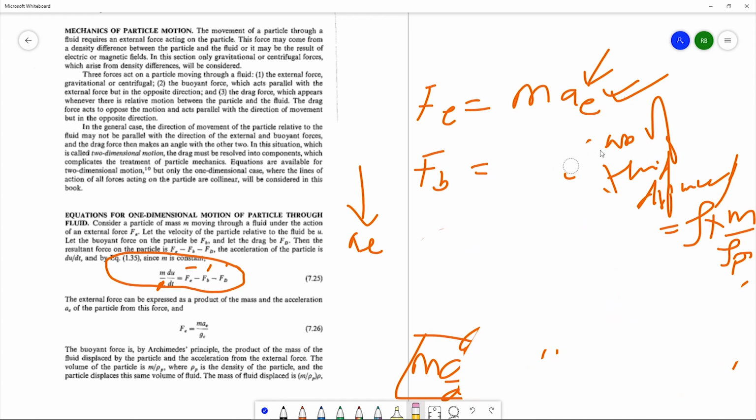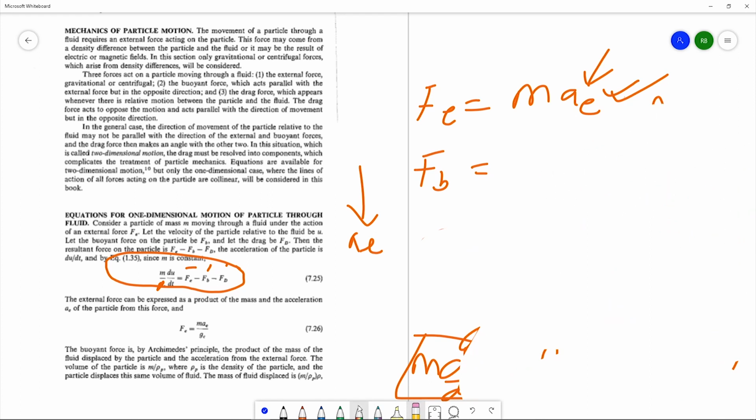So you just calculated the mass of the fluid displaced. That is nothing but rho of the fluid into what is the volume of the fluid displaced? That was m by rho particle, right, into A_E, the external acceleration.